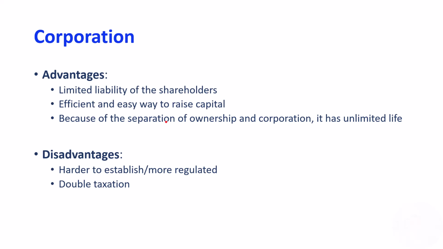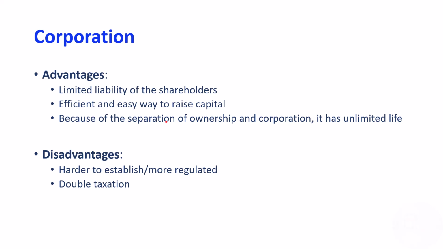In terms of the disadvantages, of course, they're harder to establish because they're more regulated. Whenever a firm or a corporation deals with individual investors, regulators are involved. Regulators want to protect the rights of the individual investors.